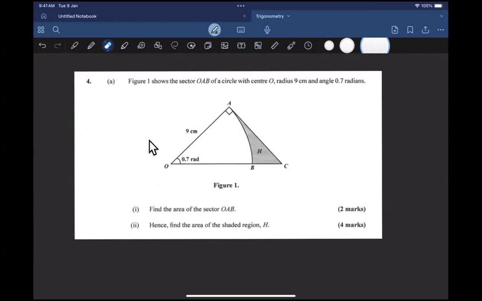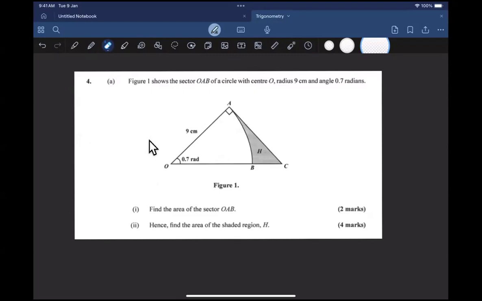We're going to try this question. Kira, I think you can figure out the first part, find the area of the sector OAB. What's the formula for the area of a sector? A half r squared theta.